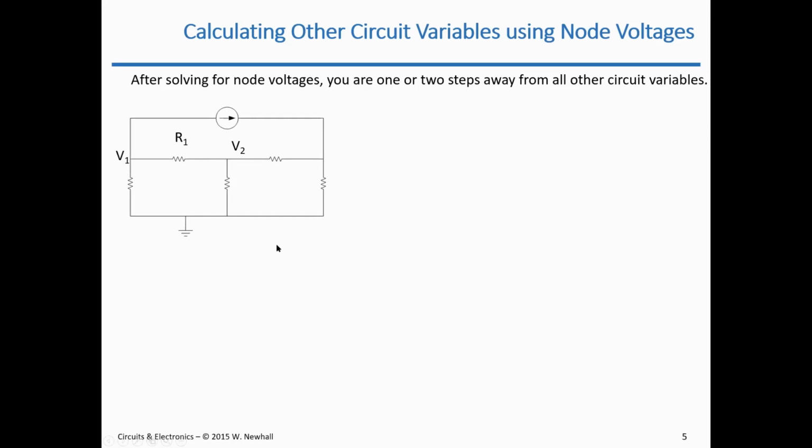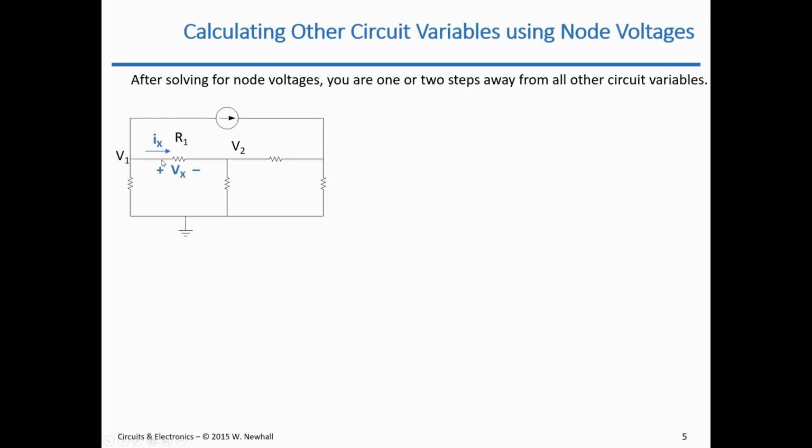So let's take this circuit. We're going to work with this circuit. And what I want to do is isolate this little portion of the circuit here and look at Vx and Ix. So Vx is not a node voltage. It's just the voltage across this resistor. I'll show you it's related to V1 and V2.